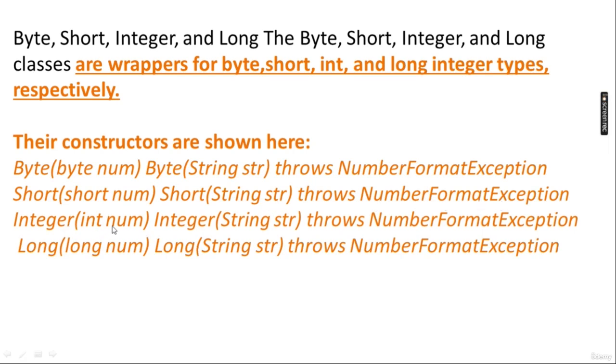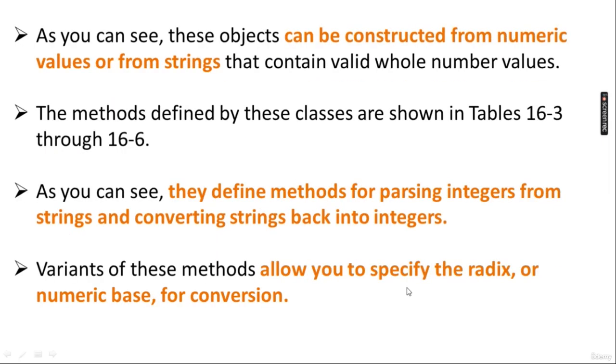Same for Integer(int number), Integer(String) throws NumberFormatException. Long(long), Long(String) throws NumberFormatException. As you can see, these objects can be constructed from numeric values or from strings that contain valid whole number values. Okay, so the methods defined by these classes are shown from table 16.3 to 16.6.